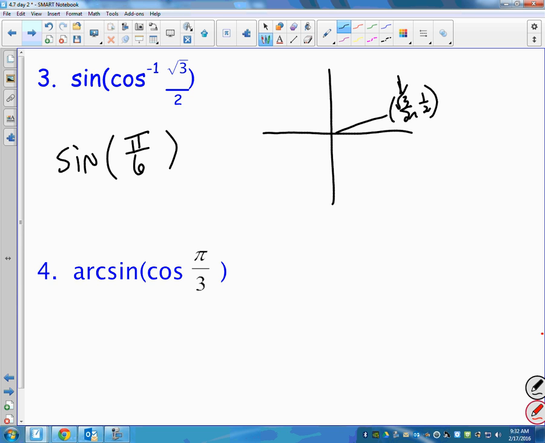But unlike yesterday, there's something on the outside now. So now they're going to ask you to take the sine of pi 6, which means I already drew it over here. Here's my point. So the sine is just the y value. So my answer here is just 1/2. That would definitely be on a no calculator part of the test.